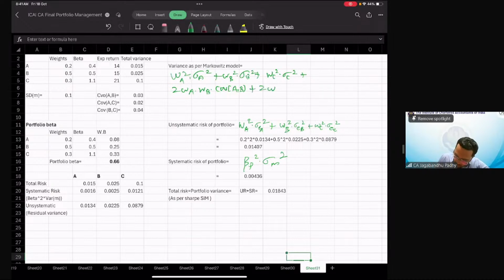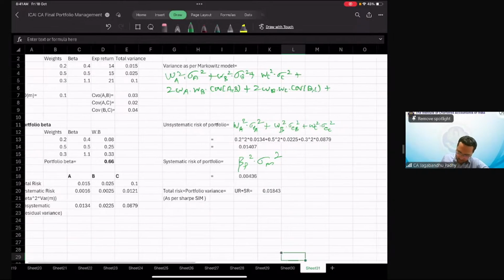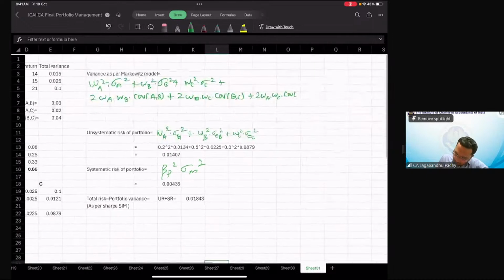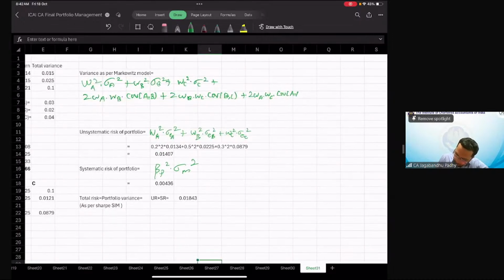So plus 2 into weight of B into weight of C into covariance between B and C plus 2 into weight of A into weight of C into covariance between A and C. Okay, so I need to compute the Markowitz model in this particular form.